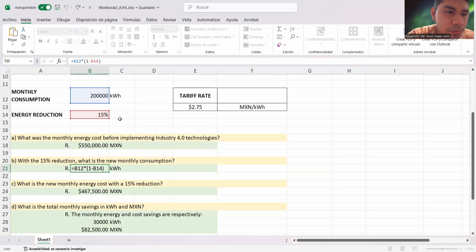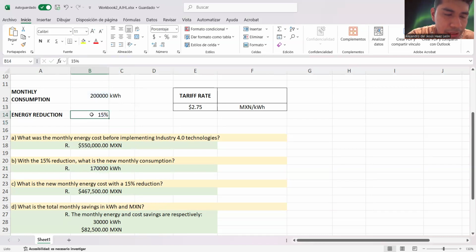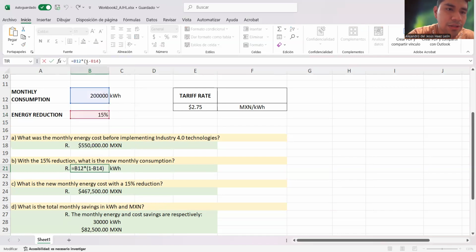So we have this, the energy reduction. So how can we calculate? Well, we're considering this thing. We are using this one minus the 50% because, well, the energy that we reduce is here.